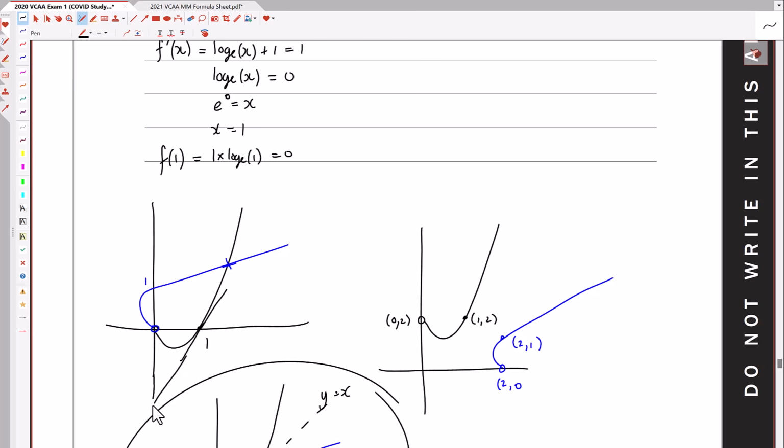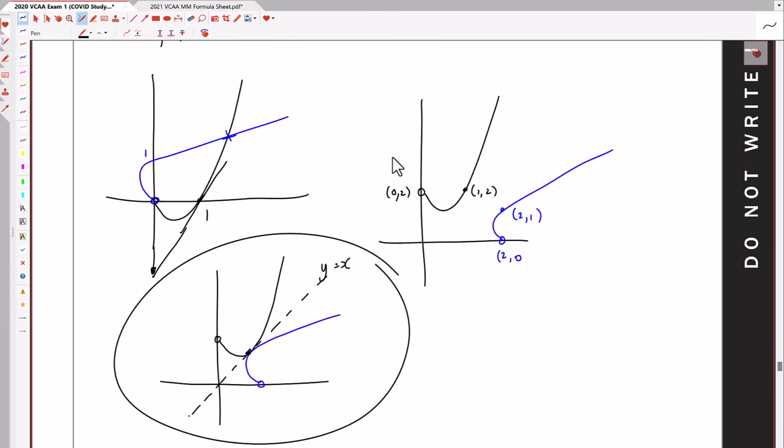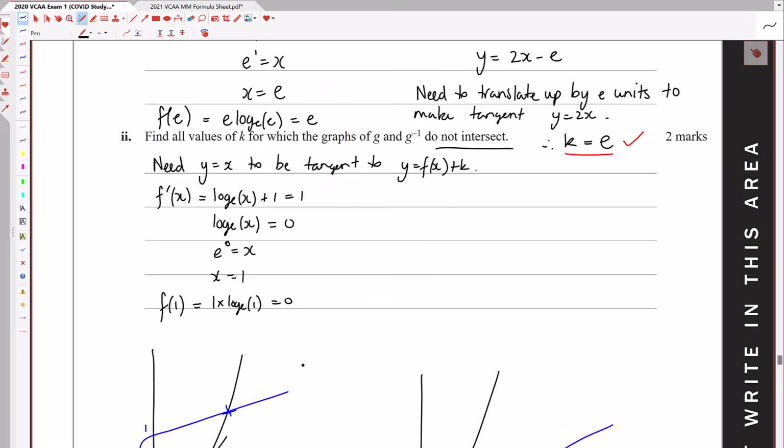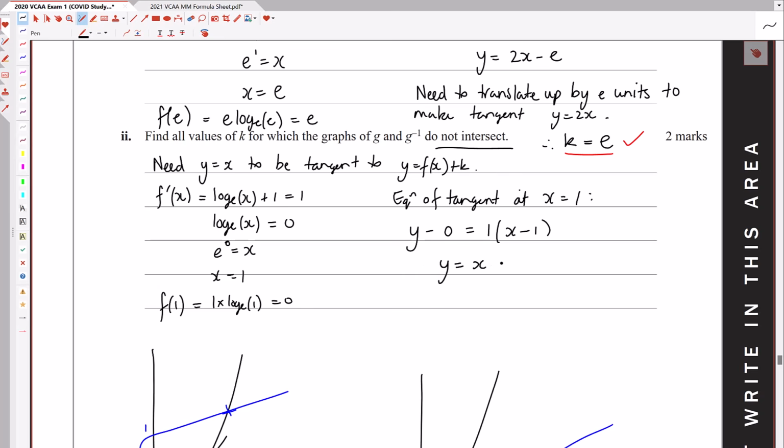Same logic: what's the y-intercept of that tangent, and therefore how much would we have to translate up so that the tangent becomes y equals x? So we want the equation of the tangent at x equals 1. We already know the gradient there is 1, so that's y equals x minus 1.